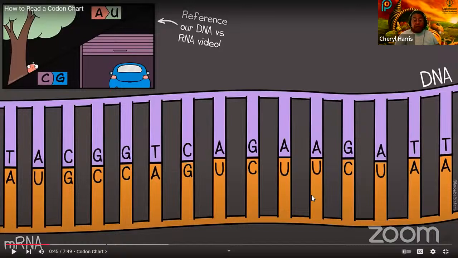Every time you have an A on the DNA strand, you're going to have a U. However, every time you have a T on the DNA strand, you will get an A. So RNA does have A's, but it doesn't have T's. You have to make sure that you understand those. We call these complementary pairs. They match each other. They complement. One's on one side, one's on the other side.